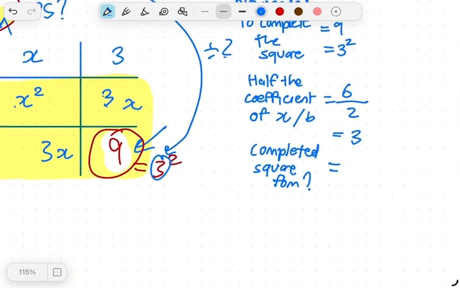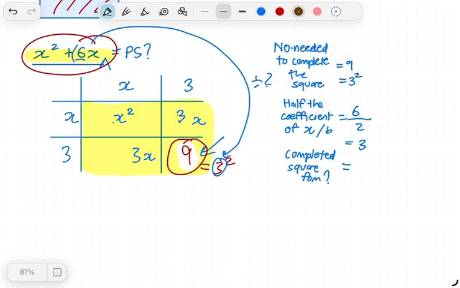That is a perfect square. And from here we can deduce the completed square form is x plus 3 squared. So you can review a lot of other examples and theories, but here's a basic understanding with one example so that you understand why I am adding a value to complete the square.